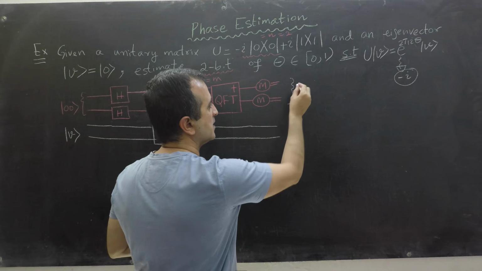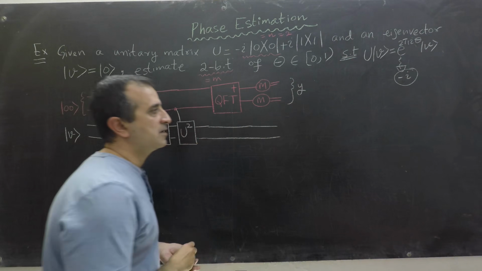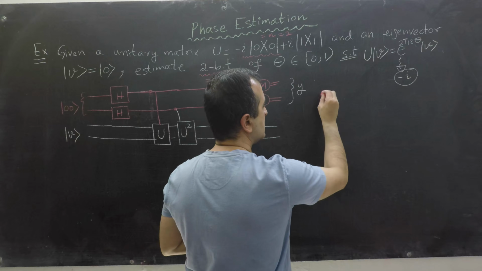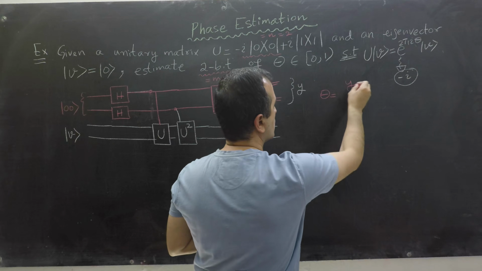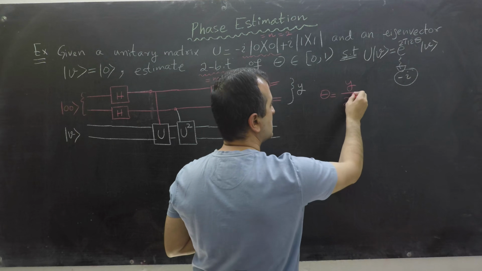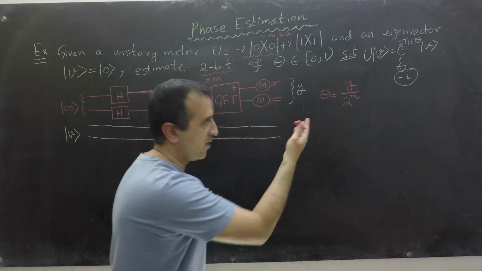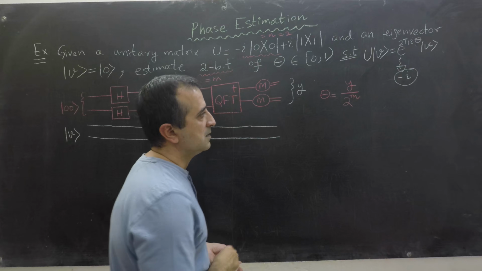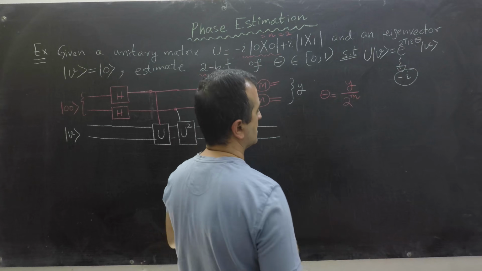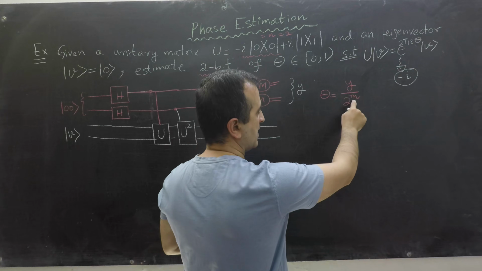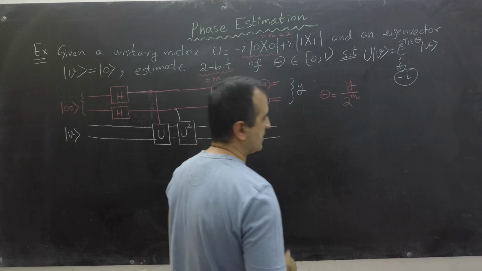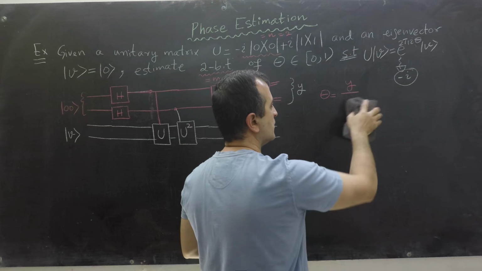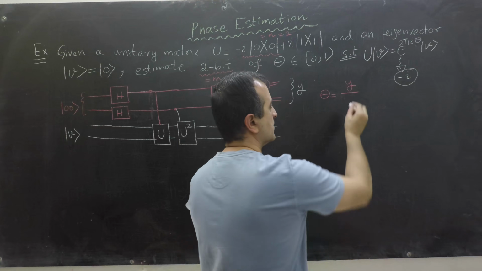So I get from here a value y, where my theta is equal to y over 2^m with high probability. In the last video we have calculated the probability of this. So I know that my m is equal to 2, so at the end my theta is going to be y over 4.